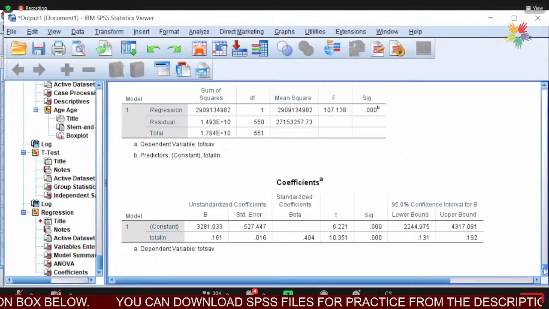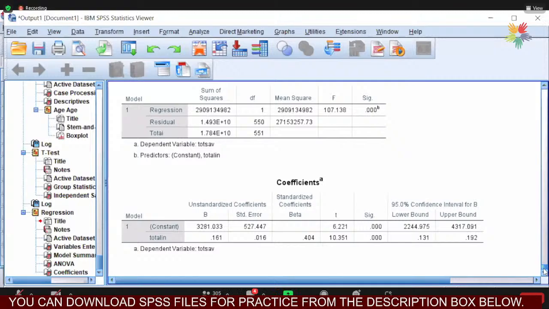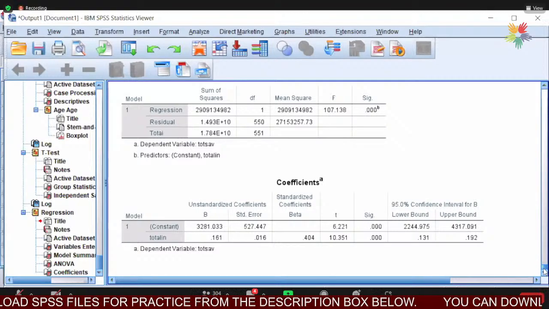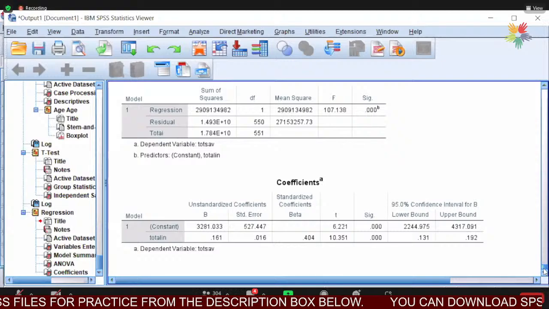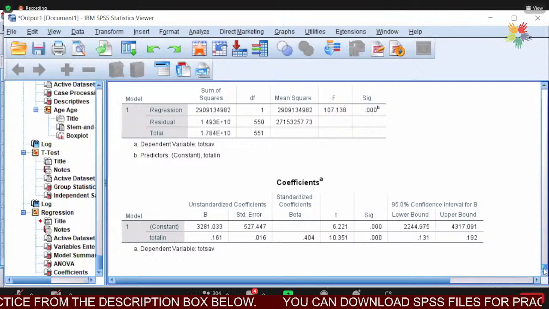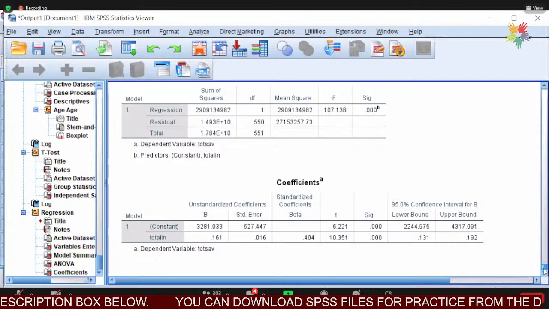We need to know to what extent we can predict, because saving does not depend on one variable. It depends on many variables, so saving will vary because of many variables. But because of income, how much is the saving varying?